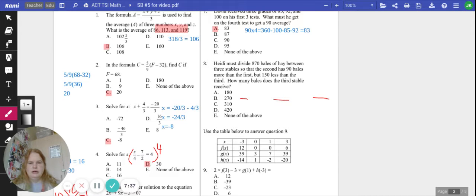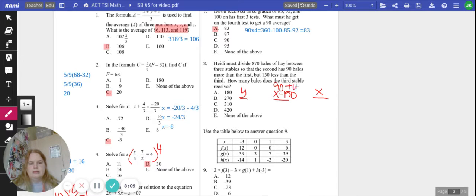We know that I'm going to put X here for the third stable. 150 less than the third. So the second stable has 150 less than the third, so X minus 150. And then I'm going to call the first stable Y.